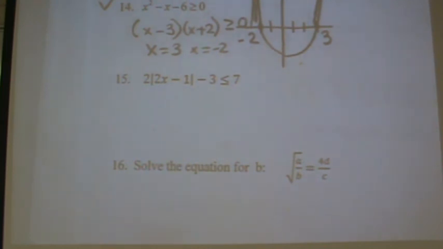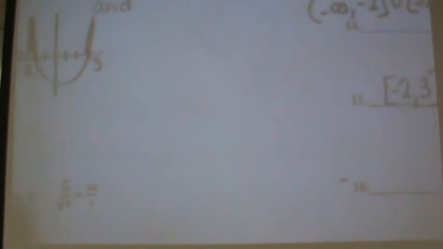Oh, 13? Or you could do it by hand. You'll end up with negative 2 and 3. It's between negative 2 and 3 with brackets. You'll see it on your calculator if you type it.